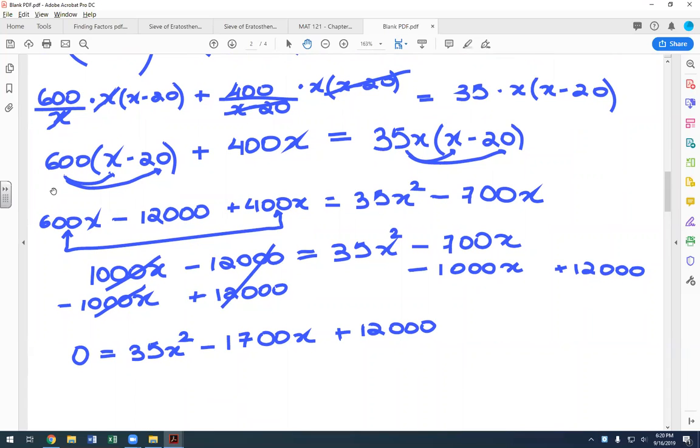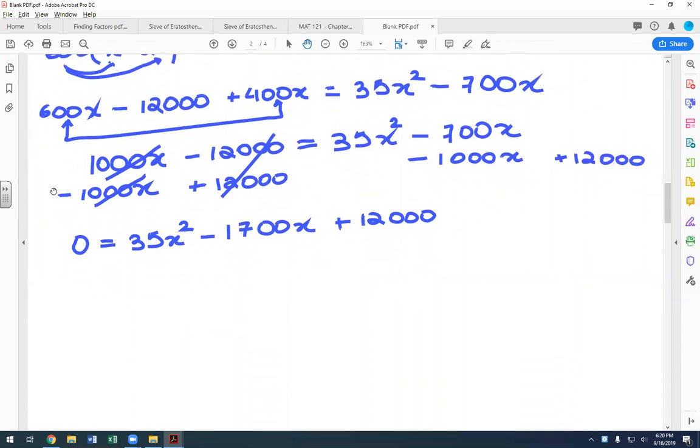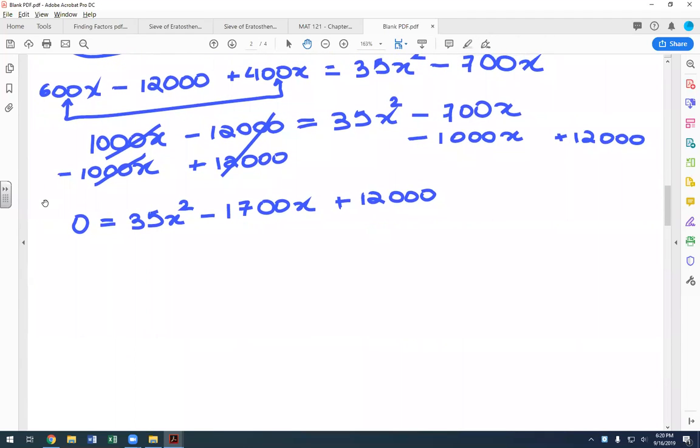How can we find our x at this point? I would probably go with the quadratic formula, because factoring would be pretty trial and error, trying to figure out what numbers would work.